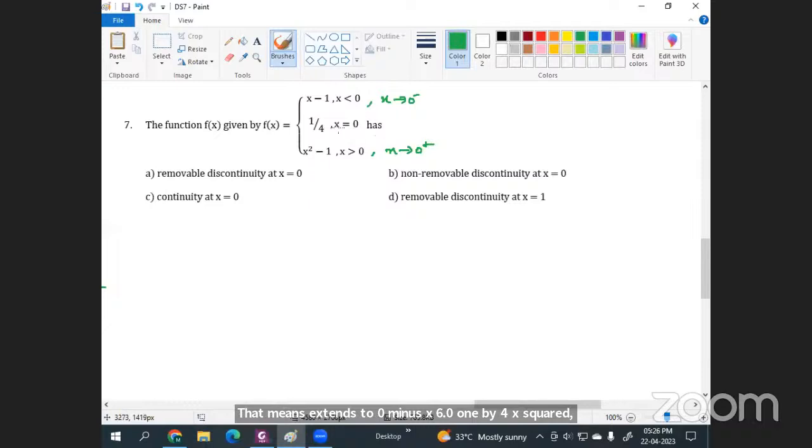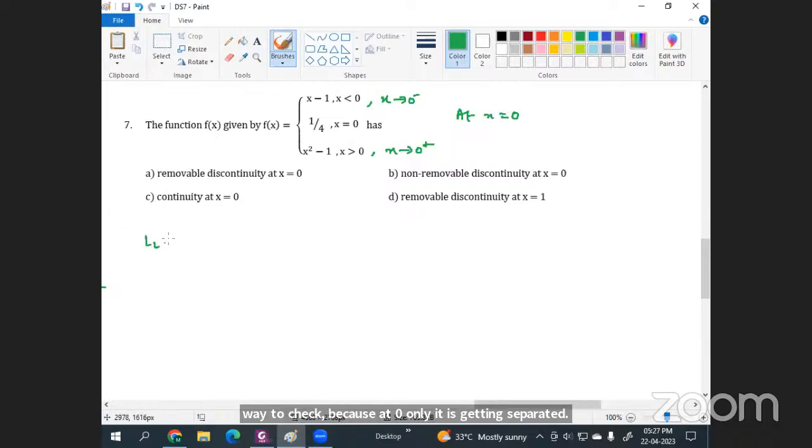This we know. Now what is he asking? Removable discontinuity, continuity, non-removable discontinuity, at x equal to 0 we have to check, because at 0 only it is getting separated.